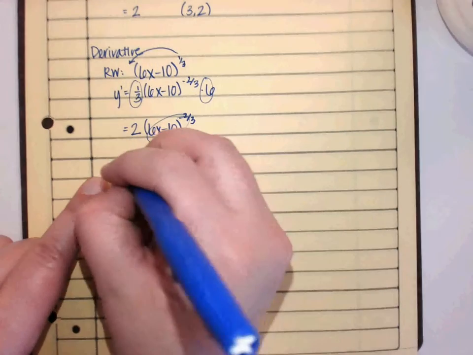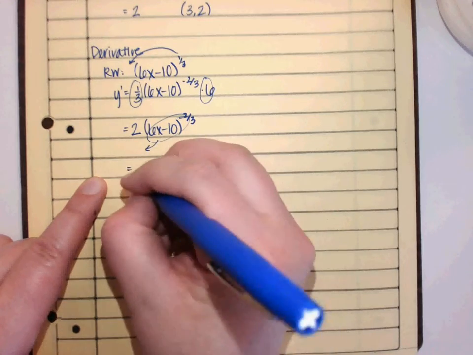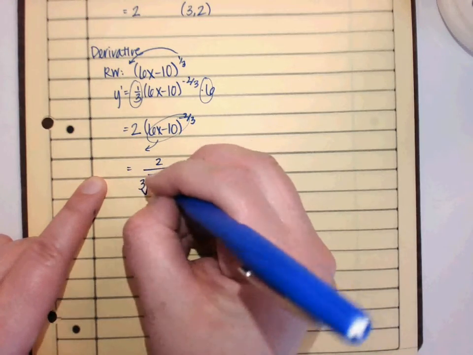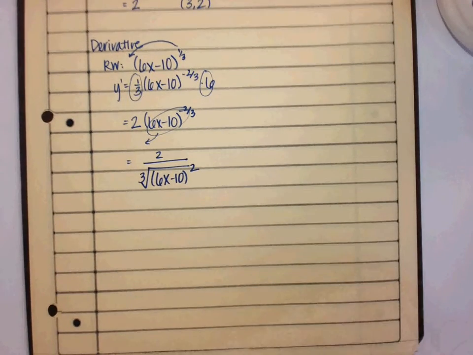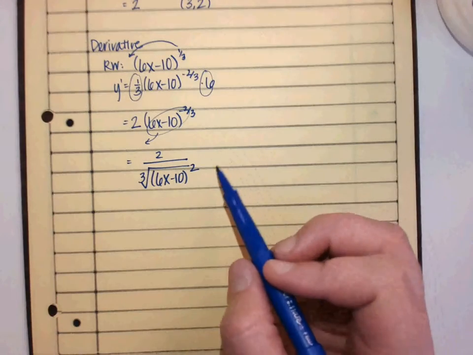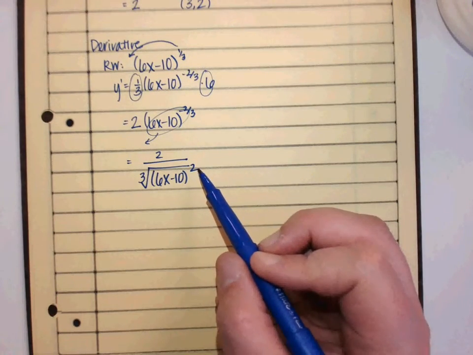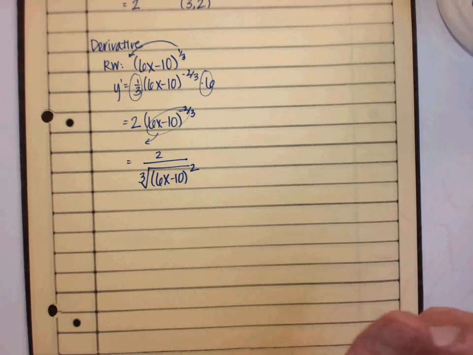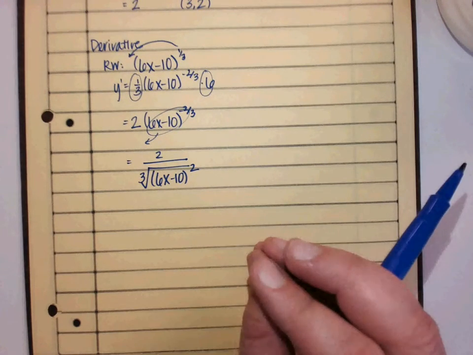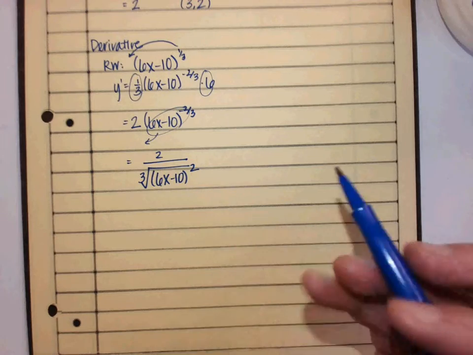So I would have this, 2 over cubic root 6x minus 10 squared. Now, depending on who you've had for pre-cal, I don't know if they talked about this or not, it does not matter if you square first or you cubic root first. Technically, both are right, but it will be easier to cubic root first. So let's plug in our point. What's our point?